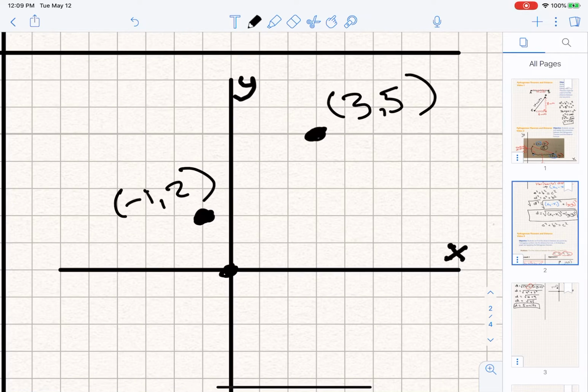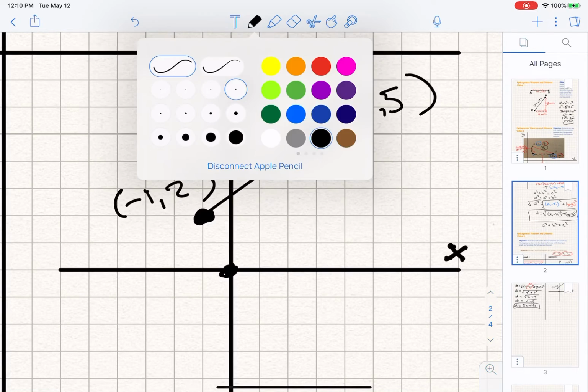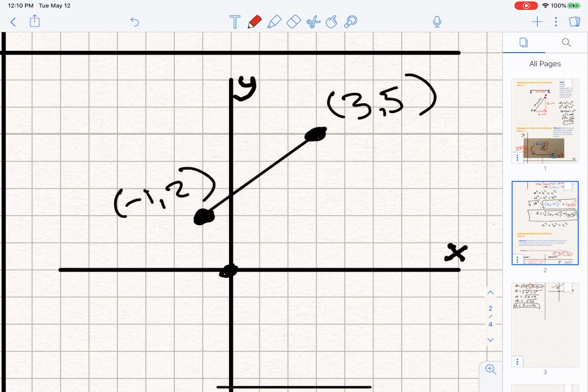Let's take a look. We want to find this distance. Yeah? And what are we going to do? Well, we're going to drop a right triangle, just like we've done with some of the other problems in the past. You could do it one of two ways, but I'm going to go down. I'm going to go like this to this point here and across. The horizontal distance here from -1 to 3 is 4.